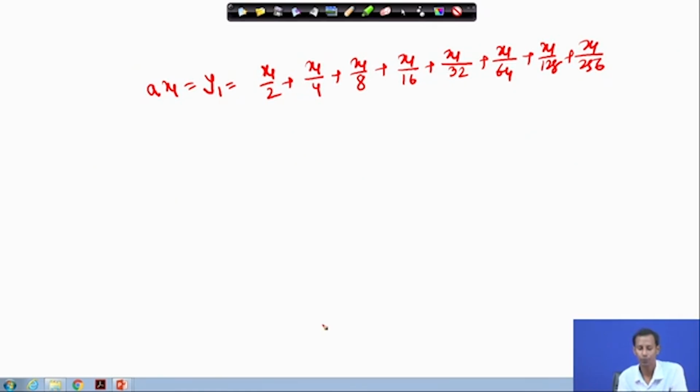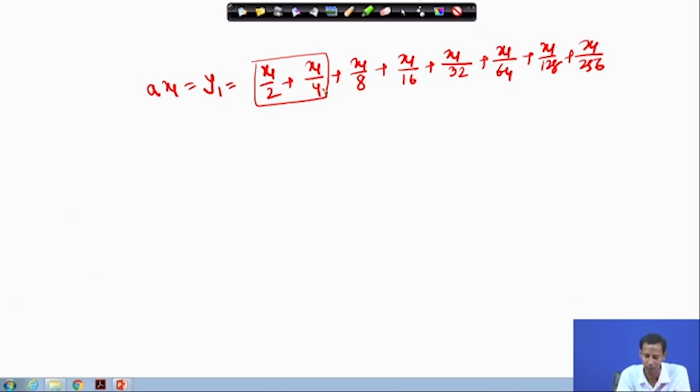Now, if you see these particular terms, each of these basically contains the values of x1. So, now if I take this as a common term, actually this is nothing but generic mathematics.